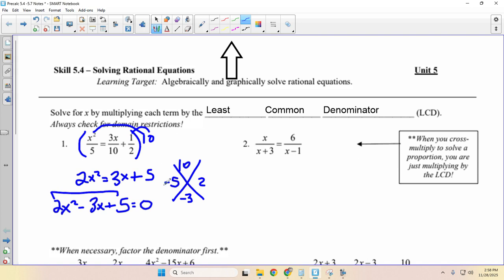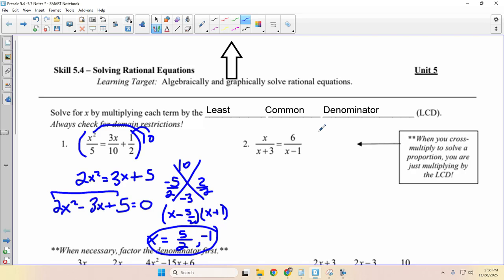But we have a coefficient of 2, so this has got to be x minus 5/2 and x plus 1. So what are the zeros here? x equals 5/2 and -1. Then we check to see whether there are any denominator restrictions for 5/2 and -1, and the answer is no. So my two answers are 5/2 and -1.